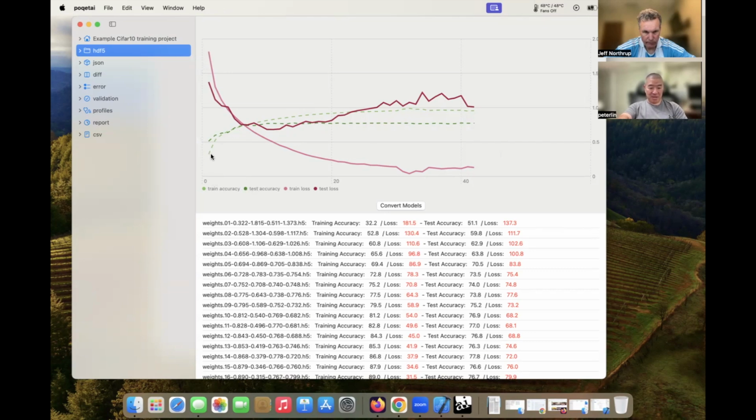We see at the beginning that the first time it went through the training, the accuracy was around 32%, so less than half. And the loss was way up here, at 181. Over time, the loss for the training data set started to decrease.